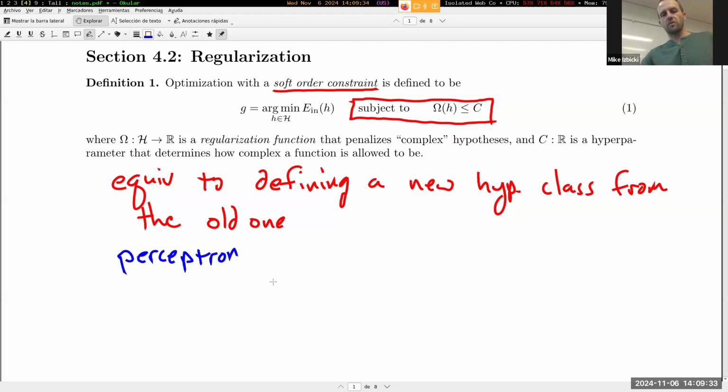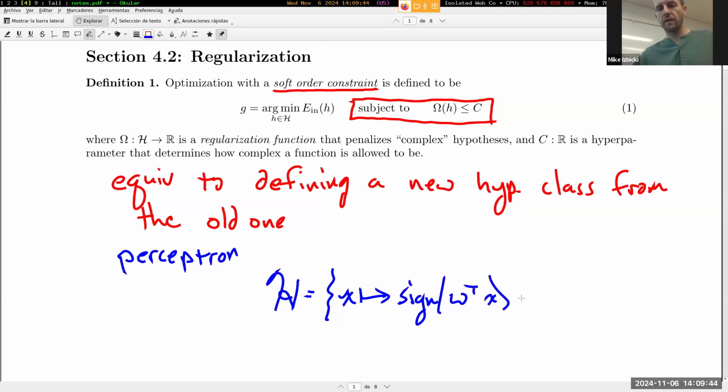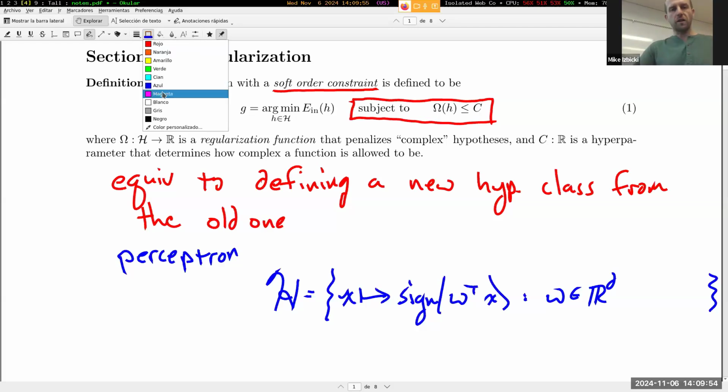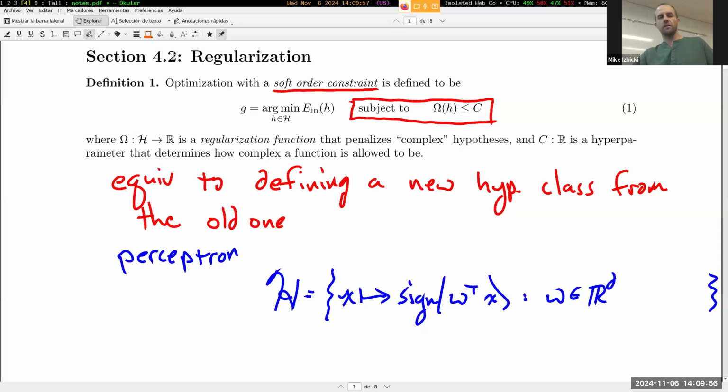So the original perceptron hypothesis class looks something like H equals X into the sign of W transpose X, where W is contained in R to the D. I'll leave a little bit more space over here. And we've talked a lot about this, talked about the VC dimension about it, various other properties about it. We've seen it a lot.